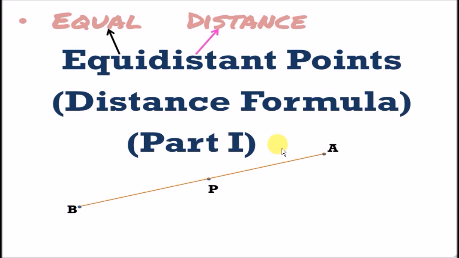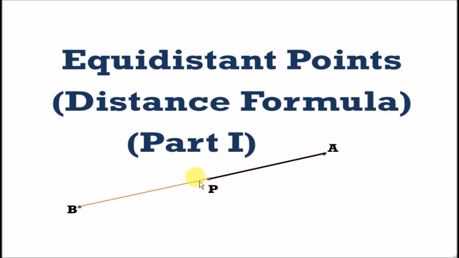So as you can see, a representative figure is here where we have 3 points A, B and in the middle P. So here the distance of AP, that is the distance from A to P, and the distance BP, that is distance from B to P, if they are equal, then we say P is equidistant from the points A and B. Hence, we will have AP equals to BP. Or in other words, the point P here is at equal distances from point A and B on a Cartesian plane.